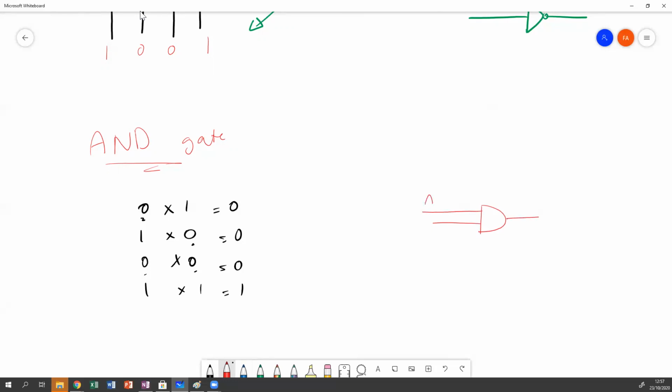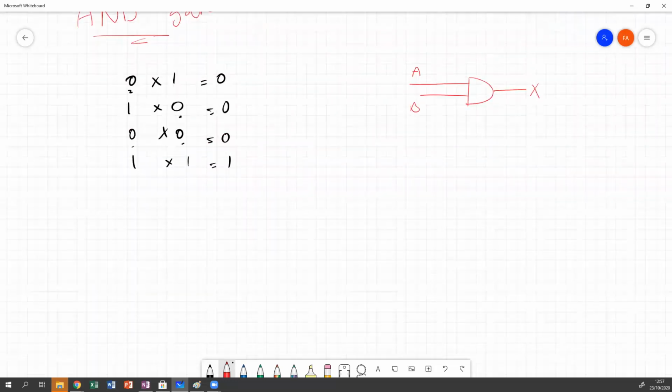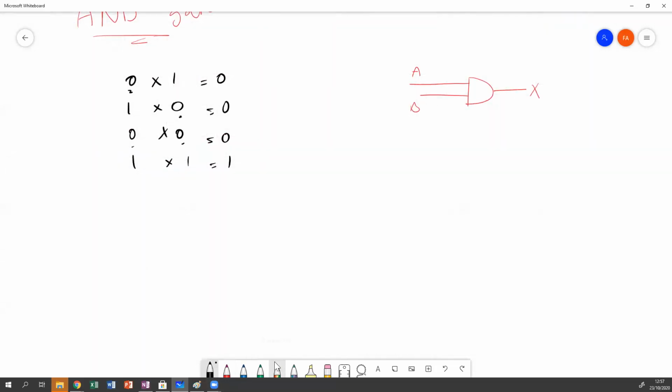So we can have input A, input B, and output X. What does it do? It's an AND logic, guys. It means that both of them should be 1 to get output 1.